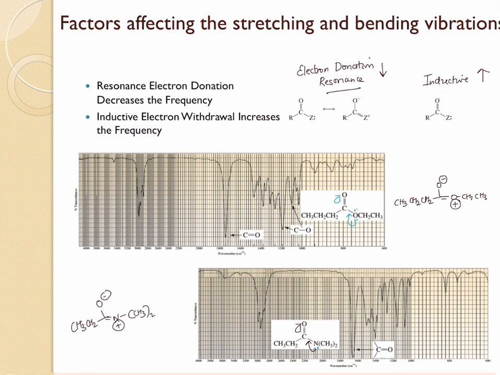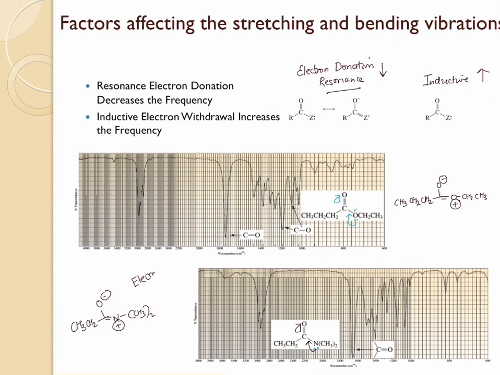Now, between these two resonance contributors, which one would be a reasonable contributor? Obviously, it would be this one. Because here, in the case of the ester, you're trying to put the positive charge on the atom which is most electronegative. Nitrogen is able to accommodate this positive charge much better than the oxygen. So the predominant effect of nitrogen in the case of amide would be electron donation by resonance.